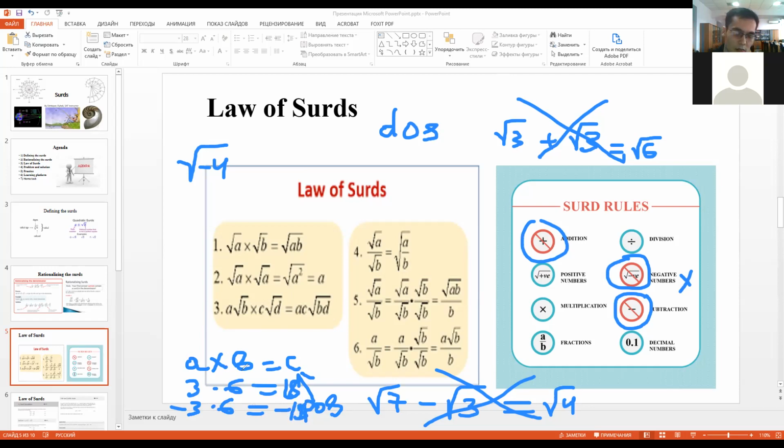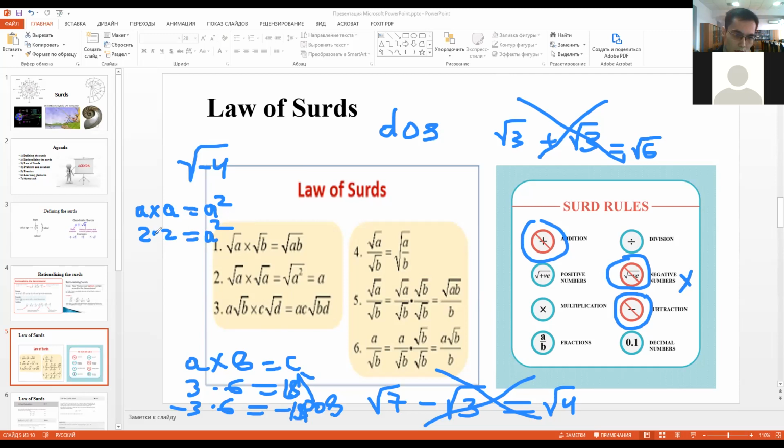I am explaining with two different numbers. But when it comes to the same numbers, for example, a multiply a equal to a square, right? For example, this one is 2 multiply 2 equal to a square.